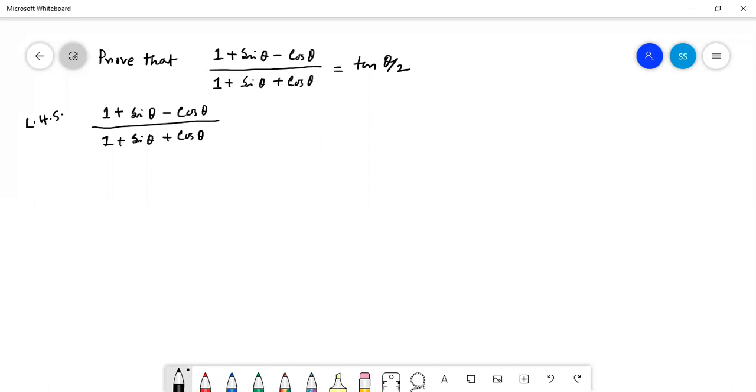So we have to go for the formula for sub multiple angle, as in the right hand side it is from theta to theta by 2. Okay, so we are converting all these things into the sub multiple angle formula.